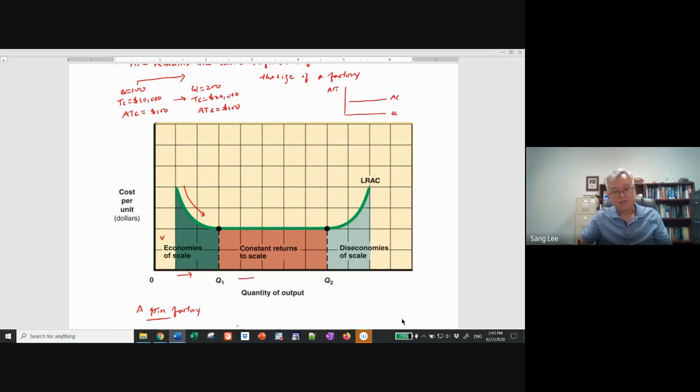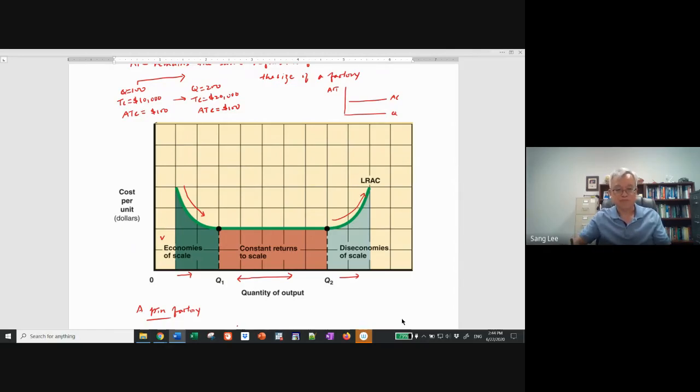Now, between these 2 quantities, over the interval between Q1 and Q2, whether you produce less or more, there's no change in average cost. So we say there are constant returns to scale. Now, beyond Q2 here, as you produce more output, a typical unit starts costing you more, a rising segment. So when that happens, we say there are diseconomies of scale.